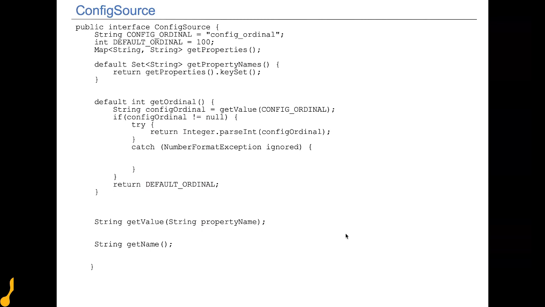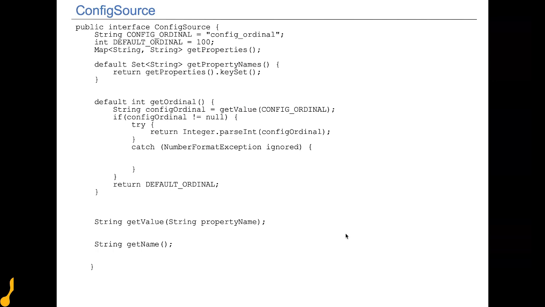The main thing with this config source is the config ordinal, to identify the priority of the config source. The other main thing is getValue.